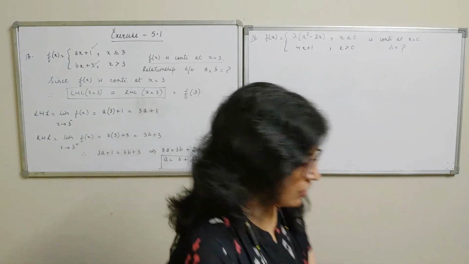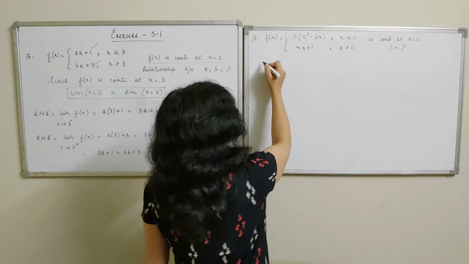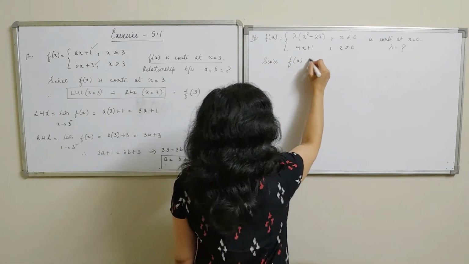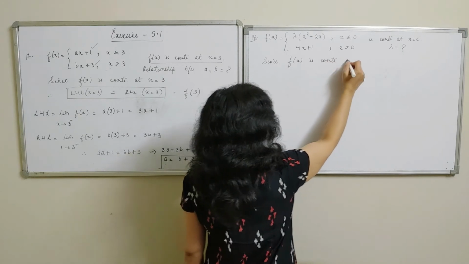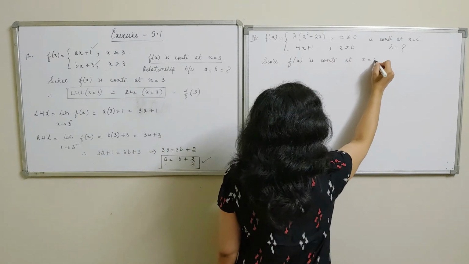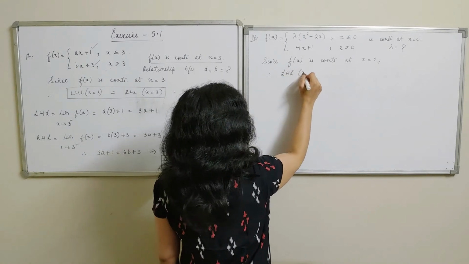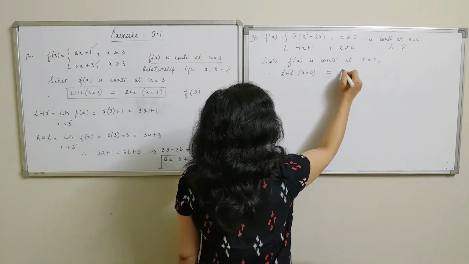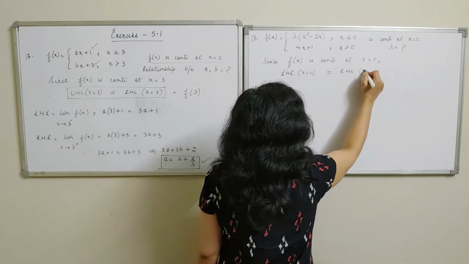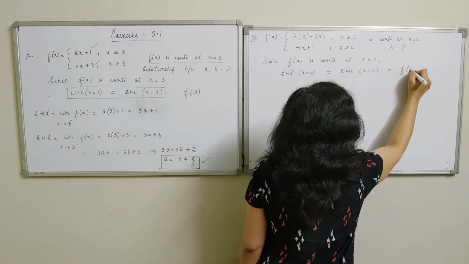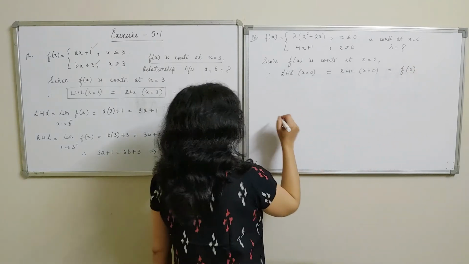So let's again see here. Since the function f(x) is continuous at x is equal to 0, therefore the left hand limit at x equal to 0 should be equal to right hand limit at x equal to 0, and this should be equal to the value of function at 0.